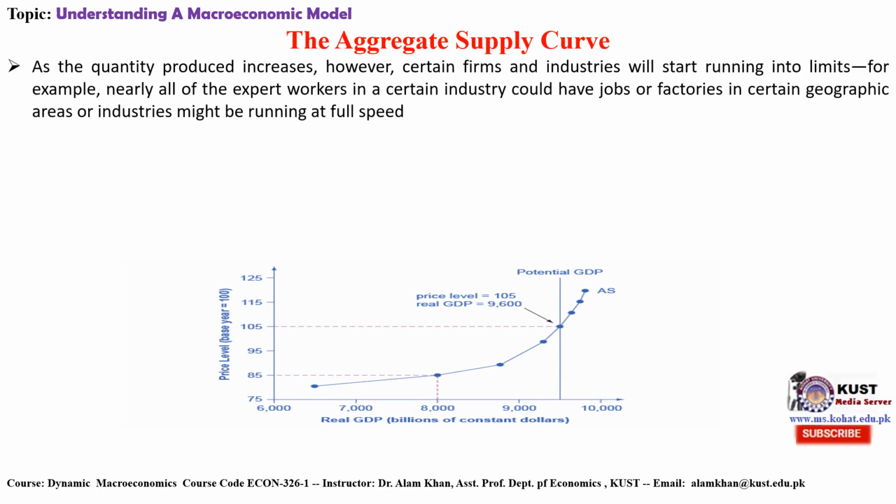As the quantity produced increases, however, certain firms and industries will start running into limits. For example, nearly all of the expert workers in certain industries could have jobs, or factories in certain geographical areas or industries might be running at full speed.